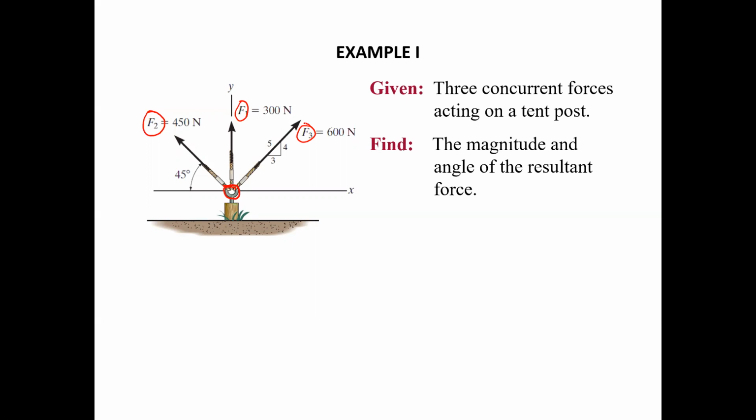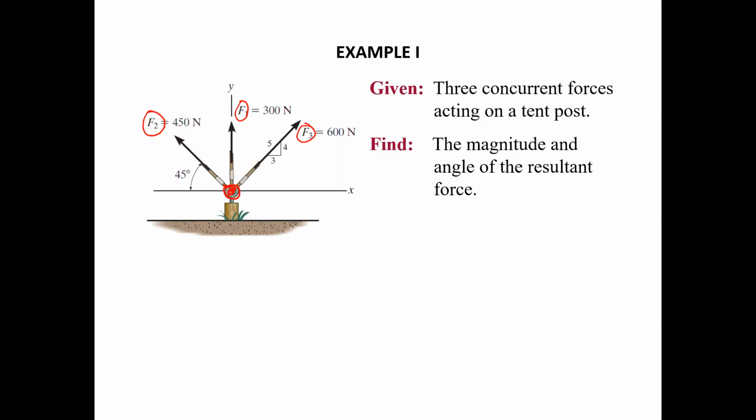They have their own magnitude, their own directions. Now, three concurrent forces acting on a tent post. I hope you understand what concurrent forces are, right? Because all these three forces, F1, F2, and F3, are passing through this single point, so they're acting at one point. That's why we say that these are concurrent forces.